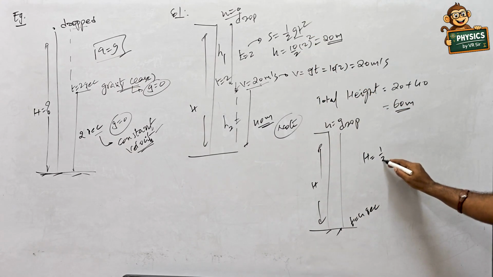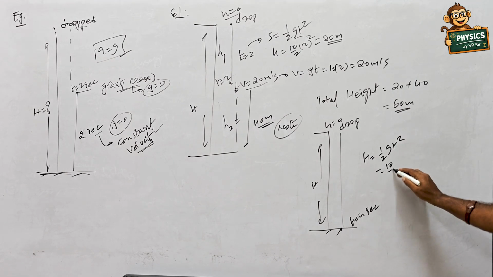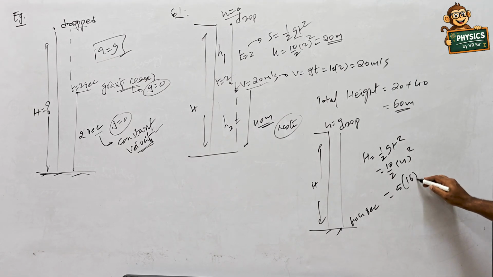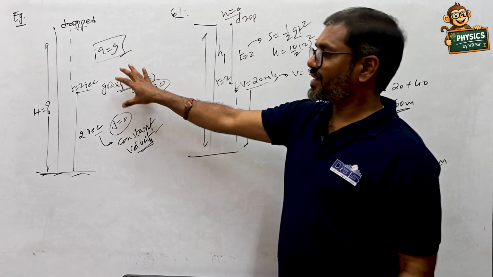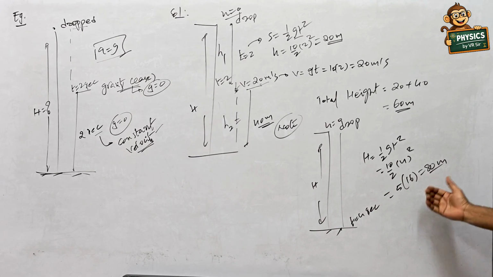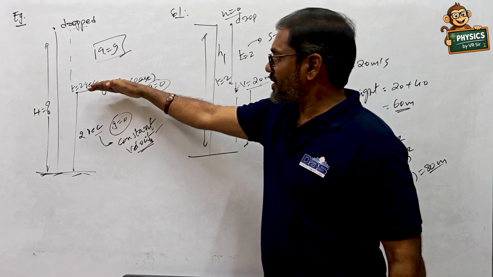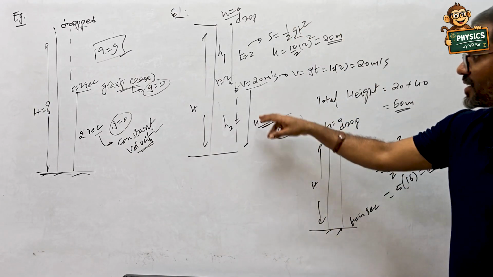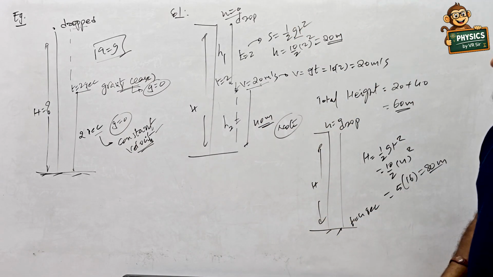So 10 by 2 into 4 square, 5 into 16, which is 80 meters. So if the gravity ceases case is not given, then in 4 seconds it falls 80 meters. Because gravity ceases here, it is not accelerating, it continues with constant velocity, and that is the reason we have taken this.